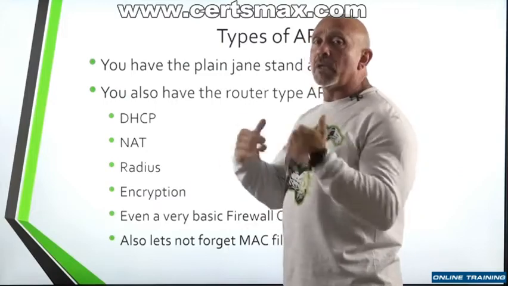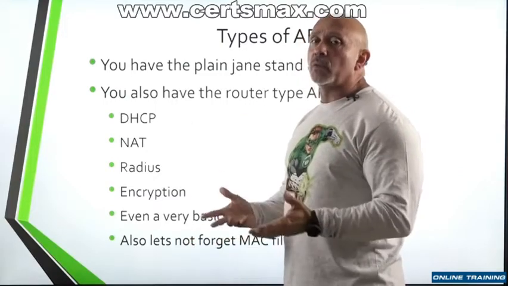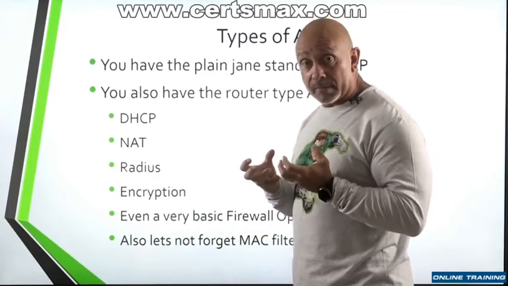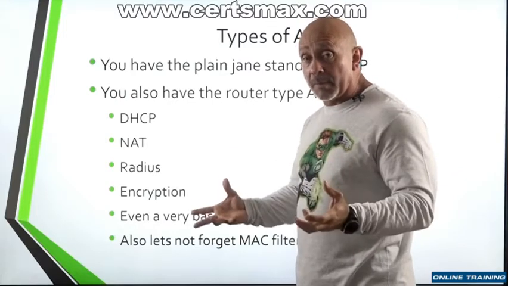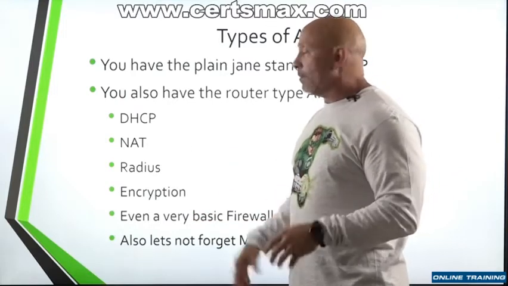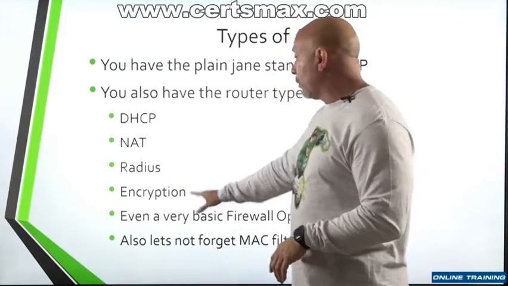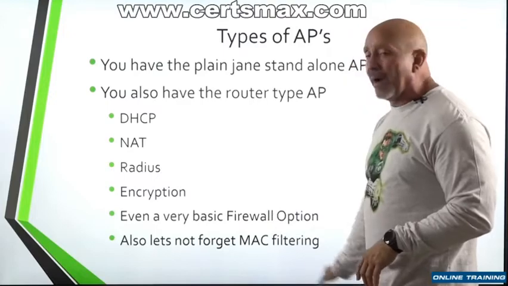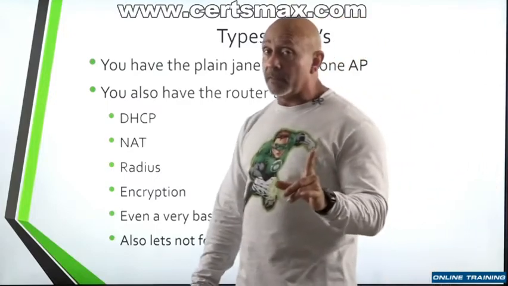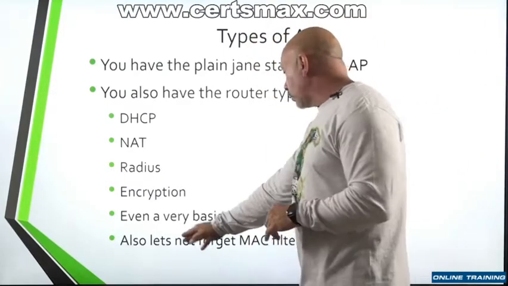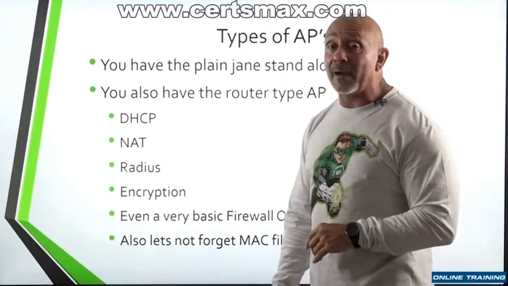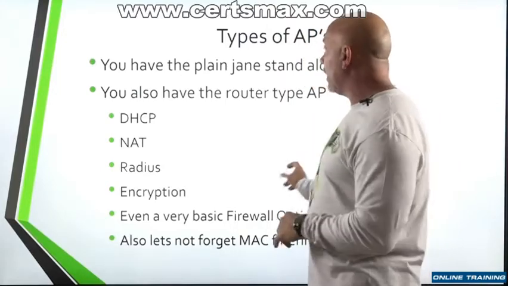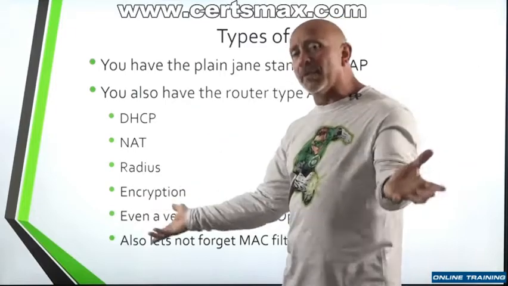Not only what you connect to, but then when you connect to it, you have a passphrase, correct? You're going to use AES encryption. So you decide what encryption you're going to use. And then even very, very basic firewall options. And also, let's not forget, MAC filtering. We know this.